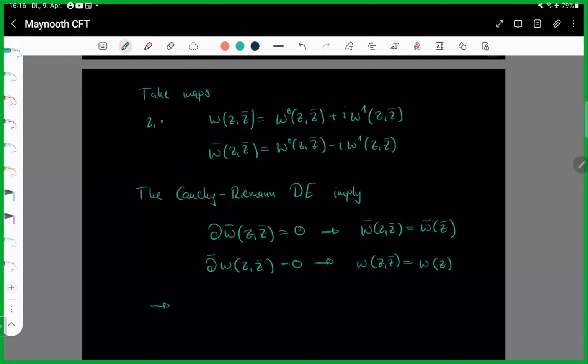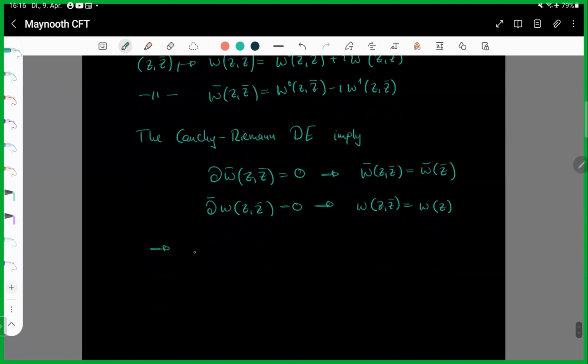Okay. So let's make this more concrete. Z bar is being mapped into this, and here the same. This means that Z is being mapped into a function W of Z, while Z bar is being mapped into a function W bar of Z bar.